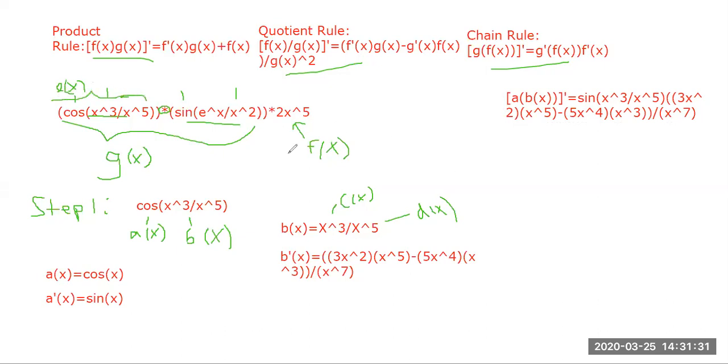And then might as well denote everything else. Call this m of x. So this would be L prime of x. Just find the derivative of that.